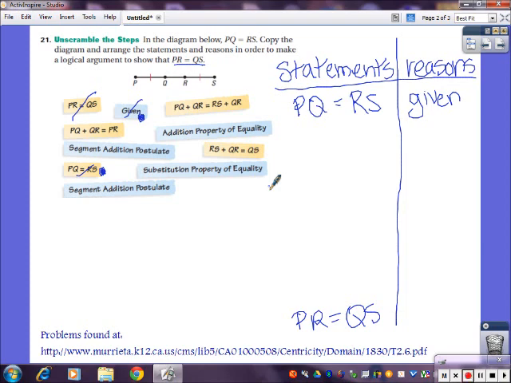So already I've narrowed down just based on understanding how 2-column proofs work. Let's go to the figure. It says PQ equals RS. So they have these tick marks. And I'm trying to prove that PR, so from P to R, I'm trying to show that PR is equal to QS.